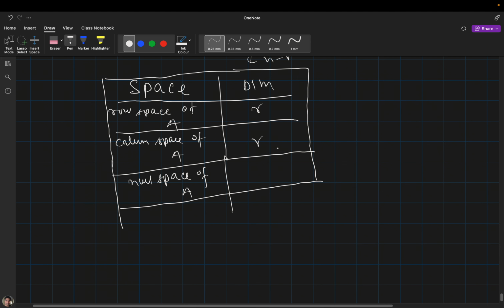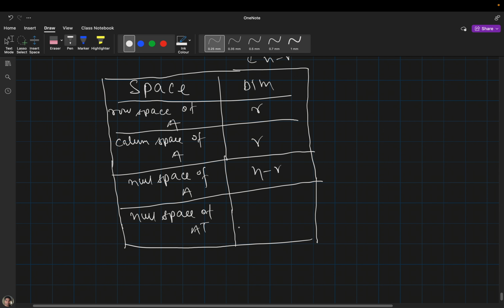Only R. And what is the null space of A? If R is the dimension of the column space or row space of A, then what is the dimension of the null space of A? N minus R.